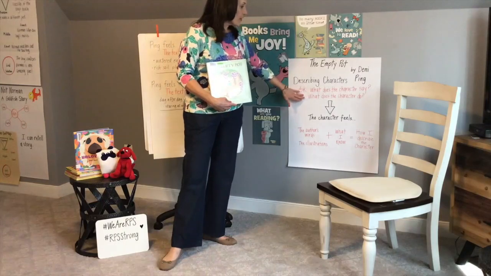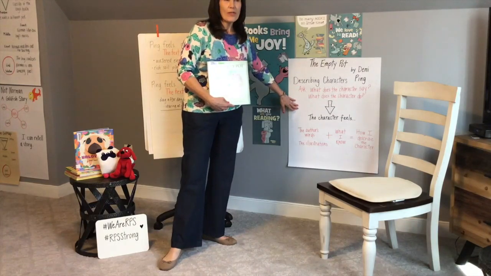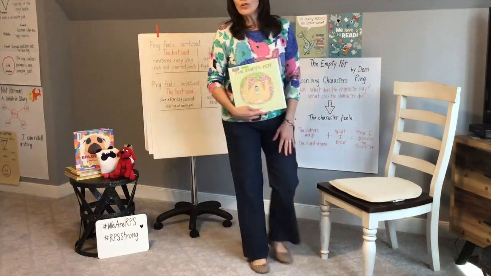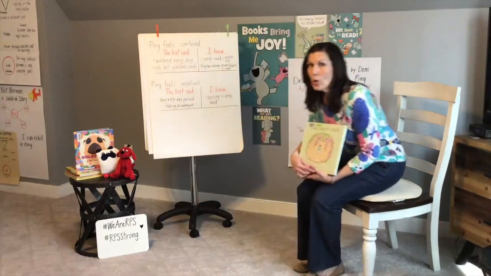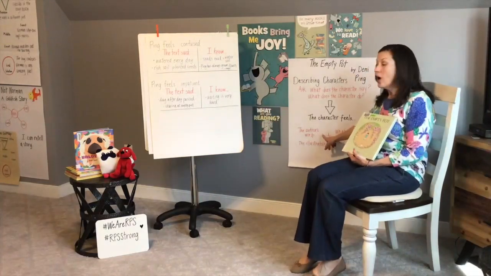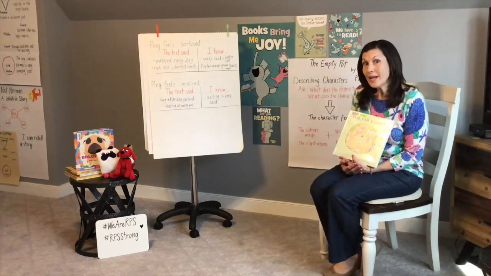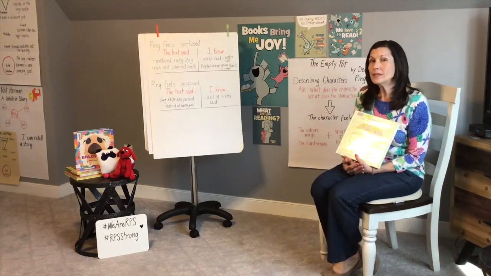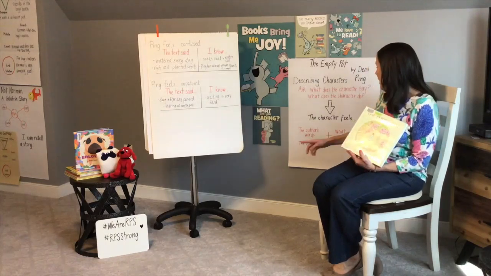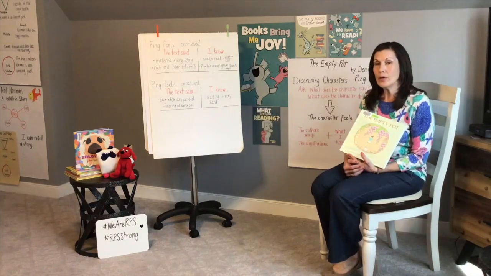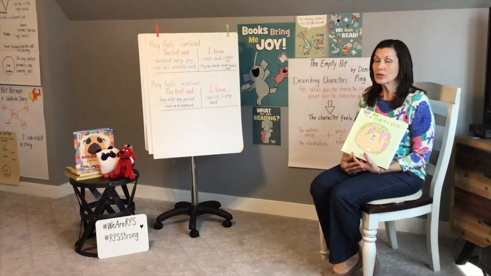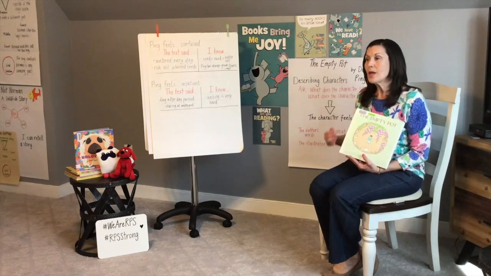Their words and their actions can let us know how they feel. And in order to describe a character, we talked about having to use the author's words, what the text says, and the illustrations, what we see in the pictures, and we combine that with what we know, and that's how we come up with our description of characters.